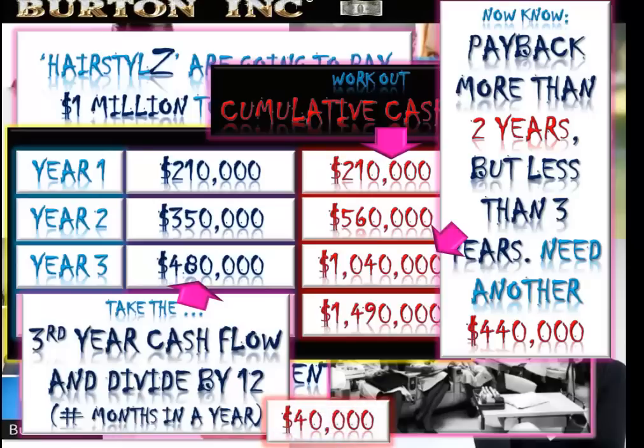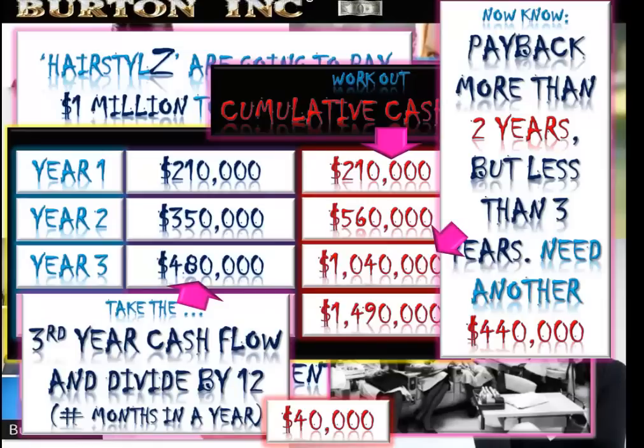Now what we're going to do, we're going to work out an average monthly cash flow for that third year. All we're going to do is take the year 3 cash flow and divide it by 12, the number of months in the year. 480 divided by 12 gives us 40, so that's 40,000 per month on average net cash flows.